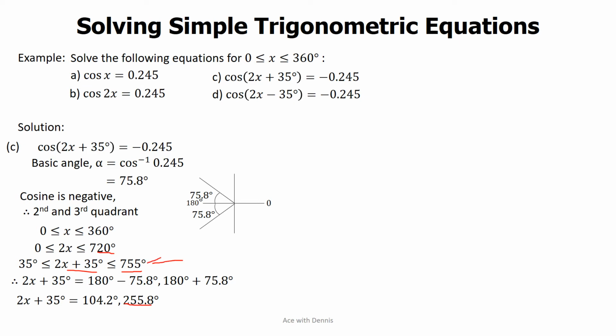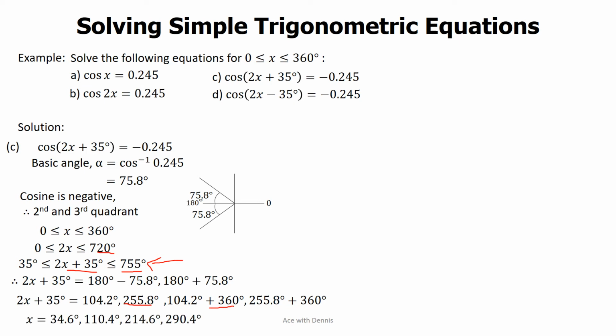It can go up to 755 degrees, so we can continue with another cycle: 104.2 degrees plus another 360 degrees, and 255.8 degrees plus another 360 degrees. Then after that, always check the answer. Are all these within the range? I think yes, for all these cases it is still less than 755 degrees.